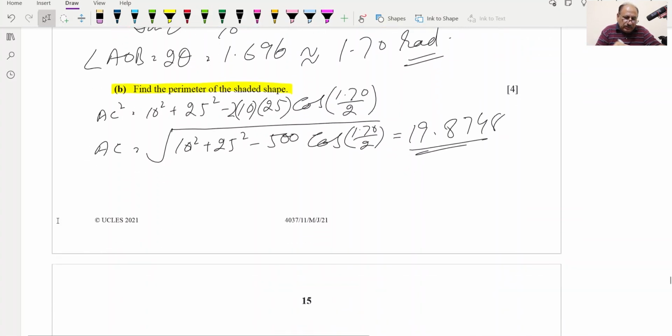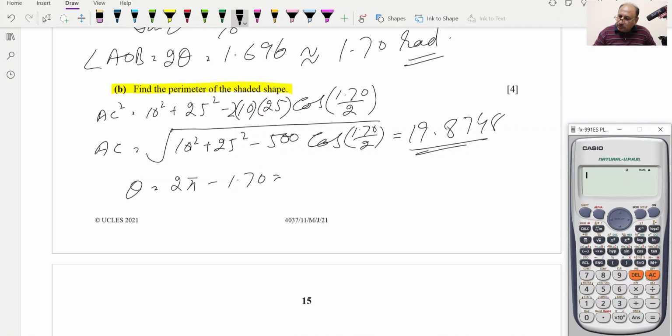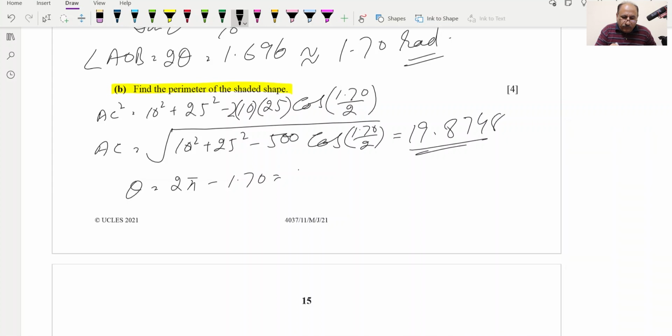So theta we can calculate: theta is equal to 2 pi minus 1.70, and this will be equal to 4.58.